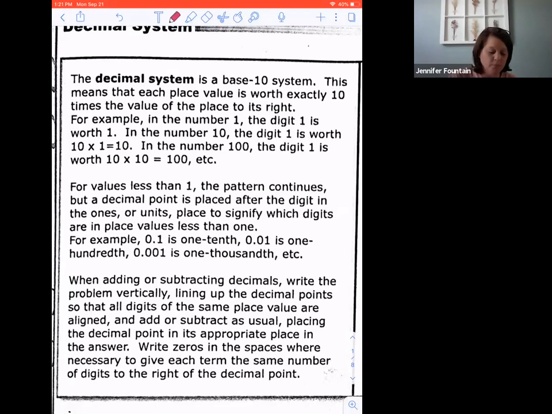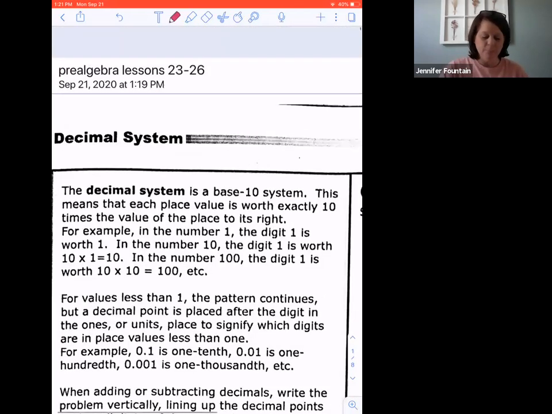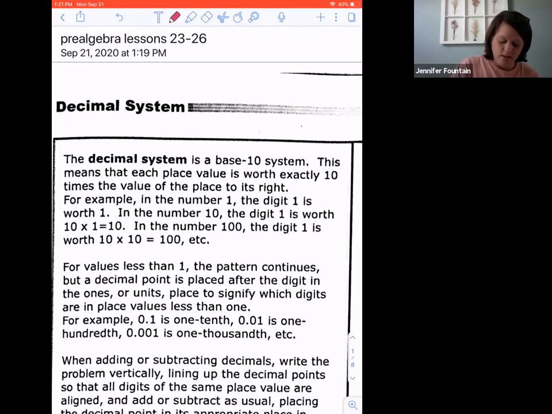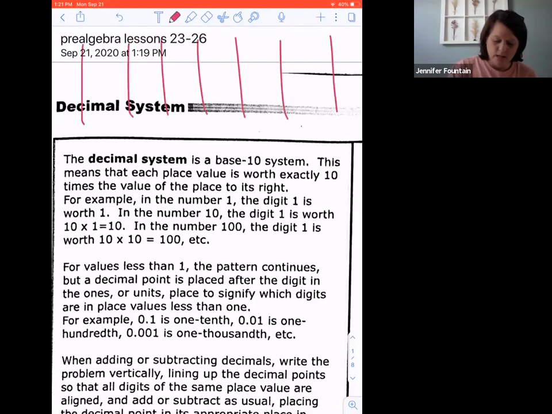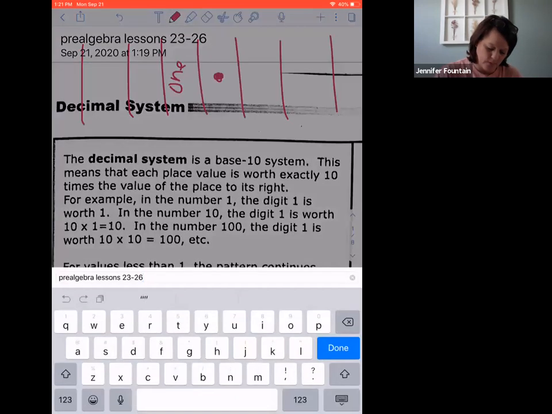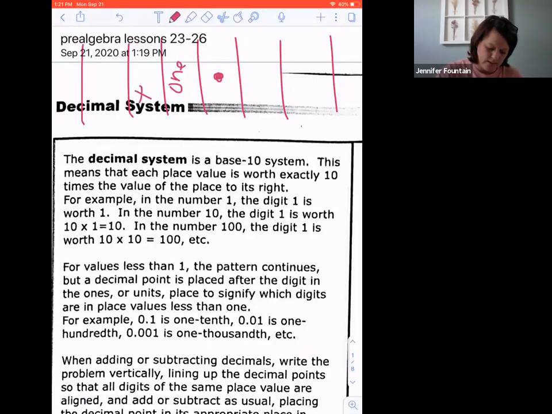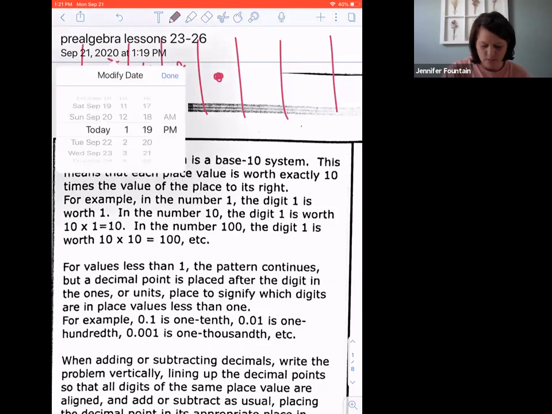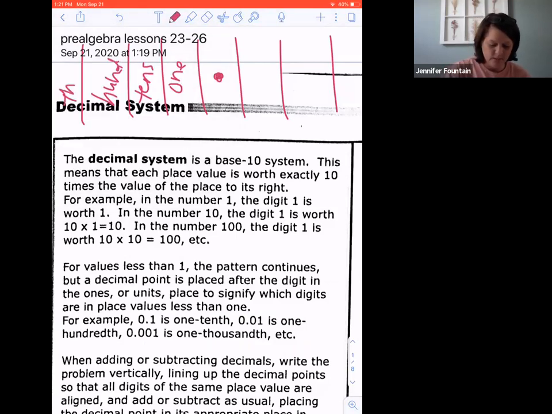I'm sure at some point you would have seen something that looked like this. It would have a decimal here, and then you had the ones column, and the tens column and the hundreds, and then the thousands.